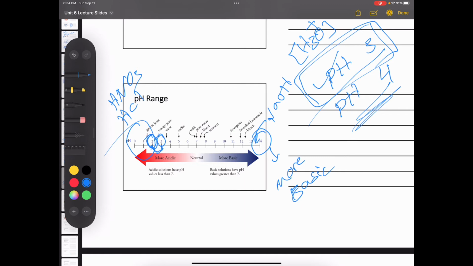Okay, so let's say hypothetically that you're looking at an acidic solution that has 10 counts of hydronium ion. Again, this is just for the sake of example. pH 2 would have 10 folds more, so 10 times 10. Okay, so the acidic solution at a pH of 2 would have 100 hydronium ions.